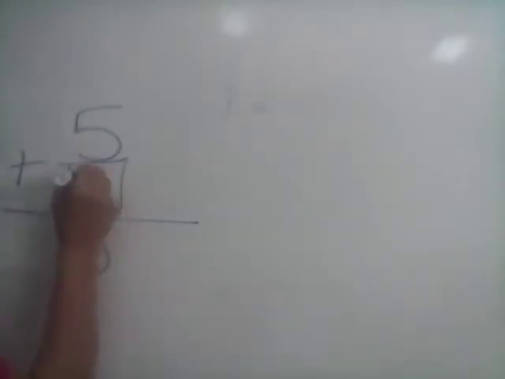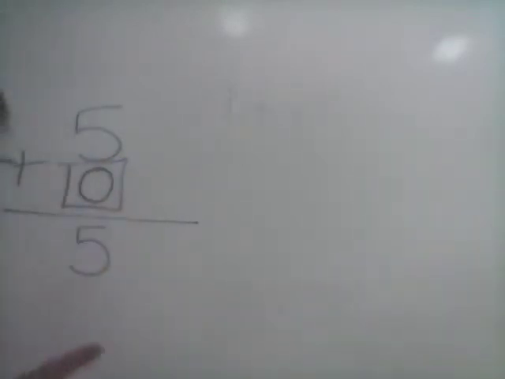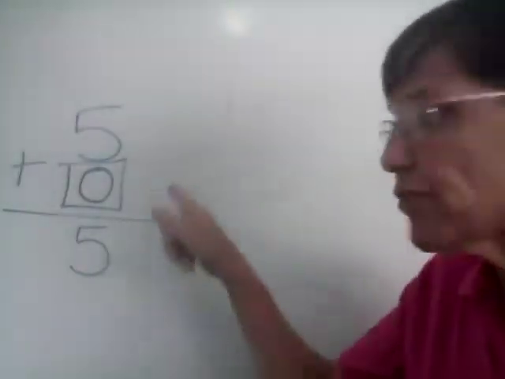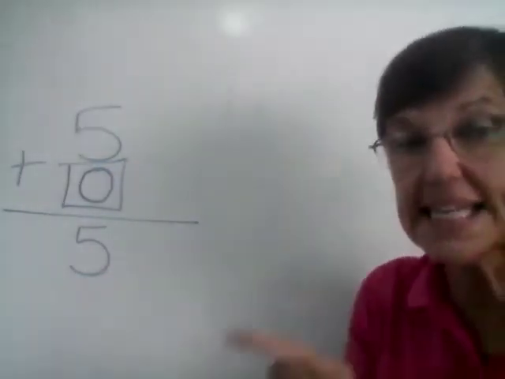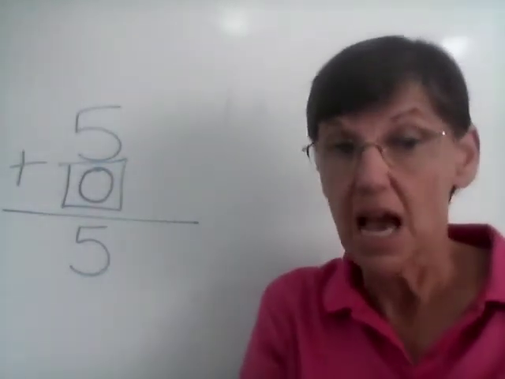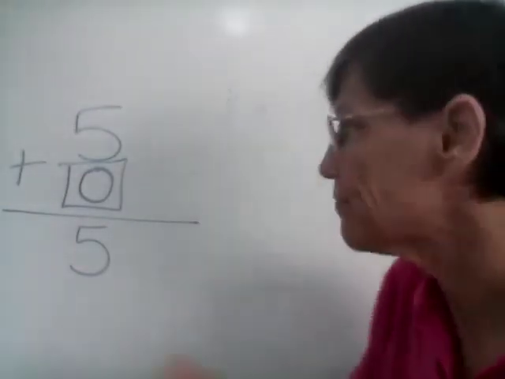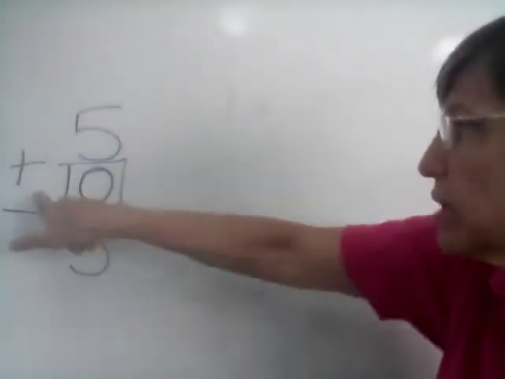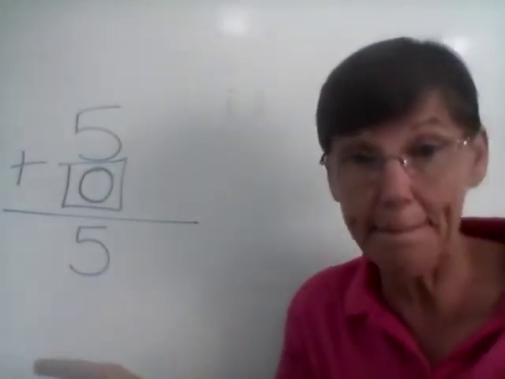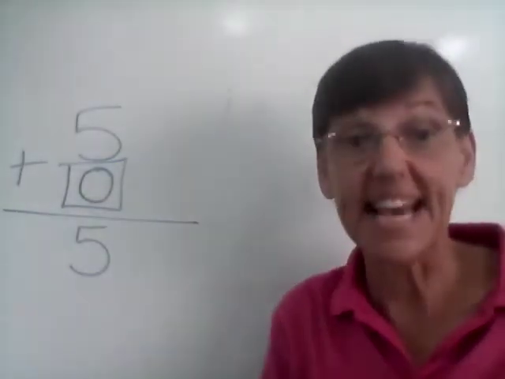You can say 5 take away 5 is 0. We put our number there, okay? Now what you want to do is after you put your number there, read it and see if it makes sense. Because sometimes kids get mixed up and their number doesn't make sense, okay? So we say 5 plus 0 is 5. Does that make sense? Yes, it does.